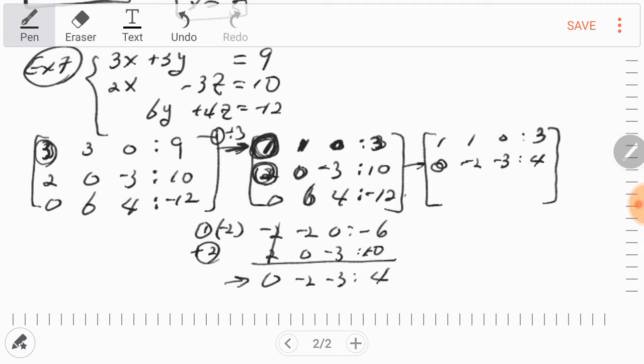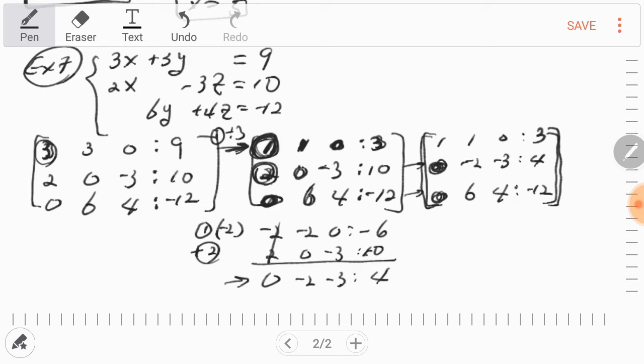How about the third row? The third row starts with 0, so the coefficient of x is 0, so we don't have to do anything. Just write the third row like this. So this matrix has zeros in the coefficient of x in the second and the third row.